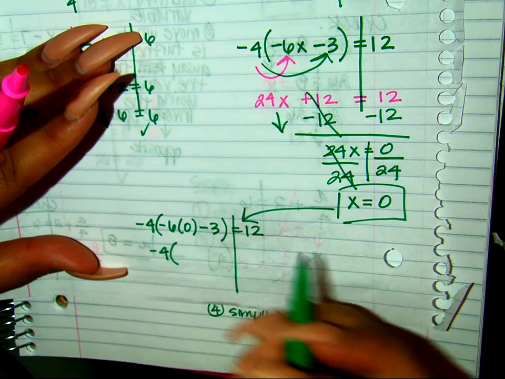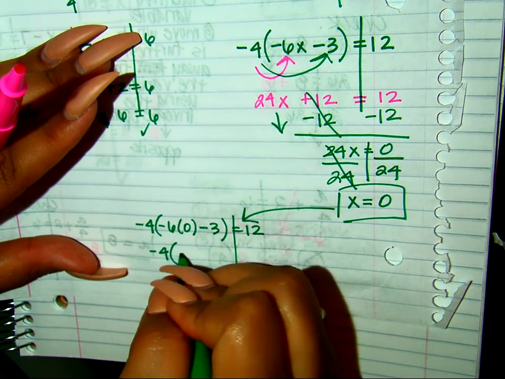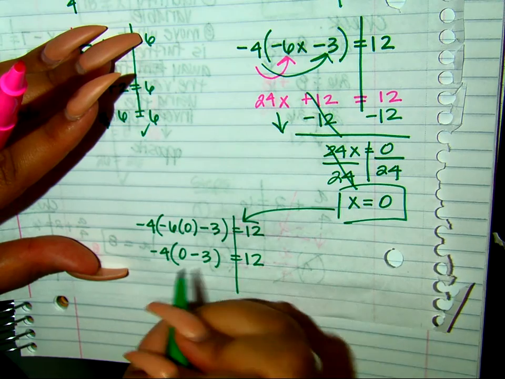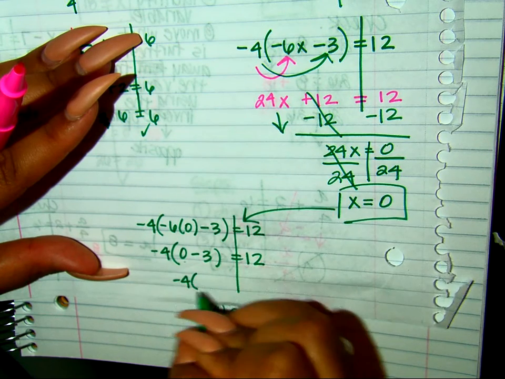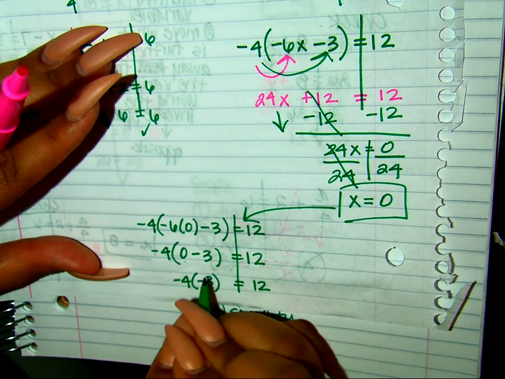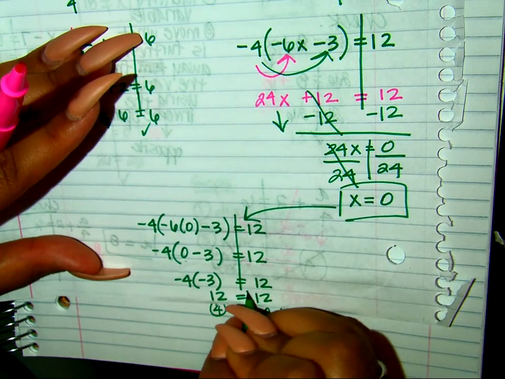So we have negative 6 times 0, which equals 0, minus 3 equals 12. And then 0 minus 3 is negative 3 equals positive 12. Negative 4 times negative 3 is positive 12. And 12 does equal 12.